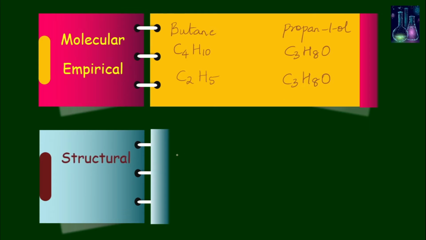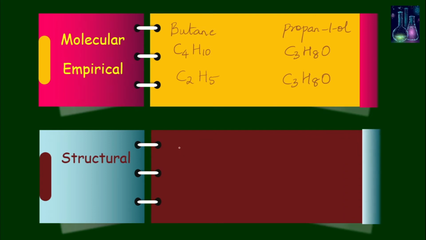The structural formula would be CH3 CH2 CH2 CH3. Straight away, 4 carbons bonded to each other, and for propanol it would be CH3 CH2 CH2 OH, propan-1-ol.